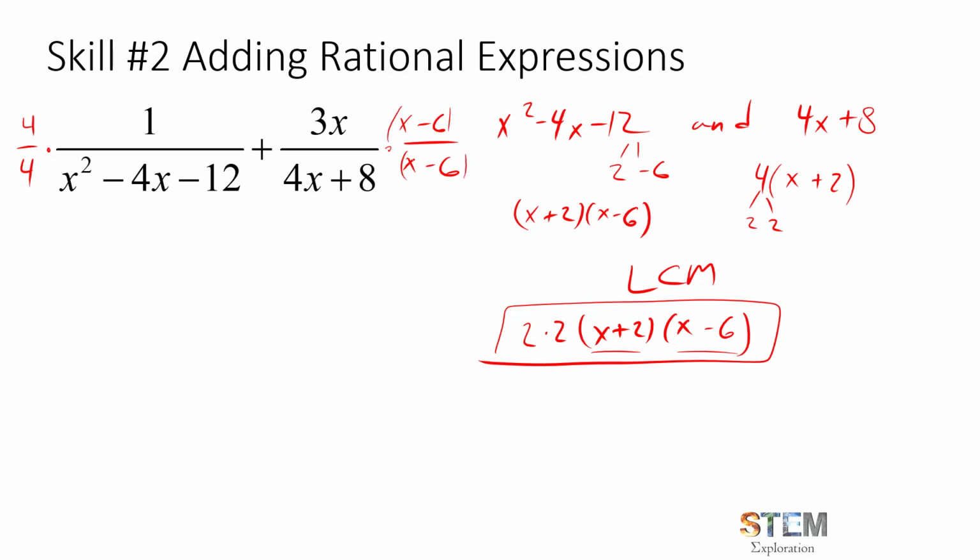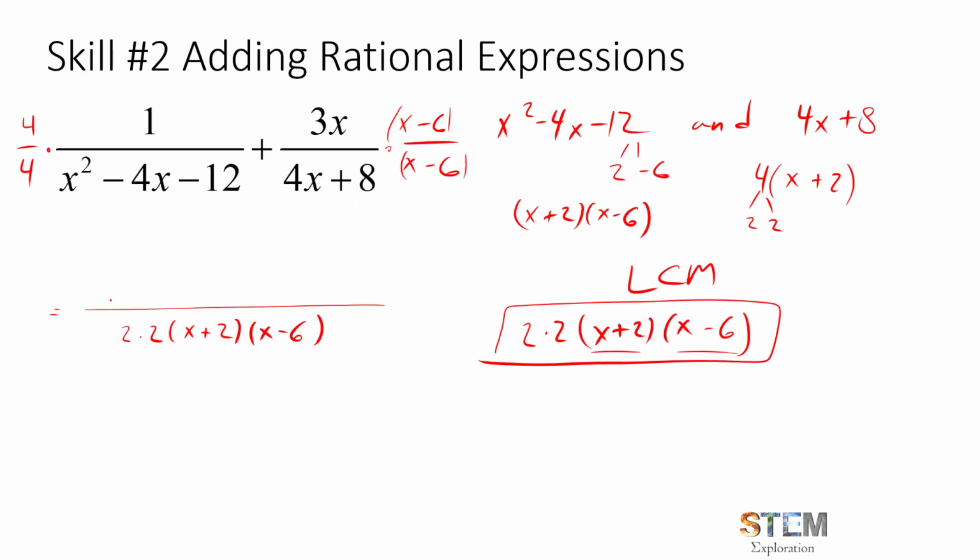And so now with this multiplication, I know everything's going to have the same denominator. That's the whole target here. So I can write this out and say, 2 times x plus 2 times x minus 6. That's my least common multiple. Everything's got that denominator now if I perform this operation.